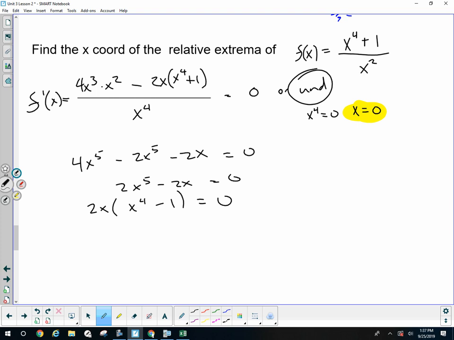I could factor this some more. It might be good if I do so. Might not be. But we will have 3 solutions: plus and minus 1, and 0. If I wanted to factor this more, I'd have x squared plus 1, x squared minus 1. And then that would factor to be x plus 1, x minus 1.